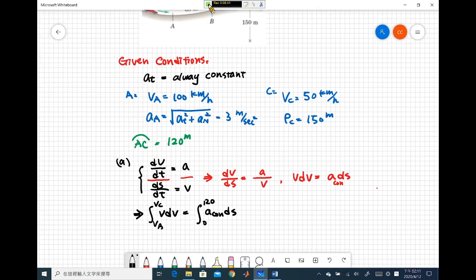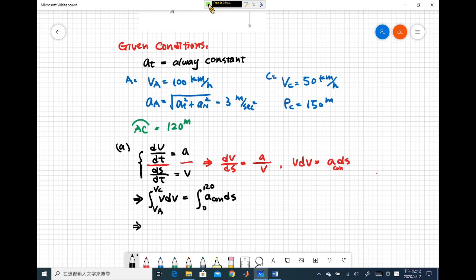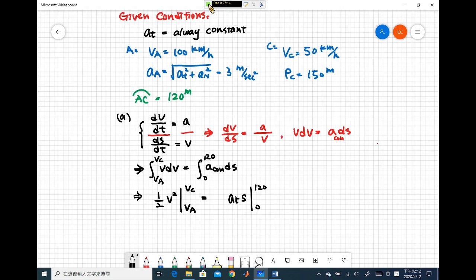On the left hand side, that will be 1 over 2 V squared from VA to VC. This constant is the tangent acceleration, AT, times s from 0 to 120. So from this equation, you can quickly derive your AT.